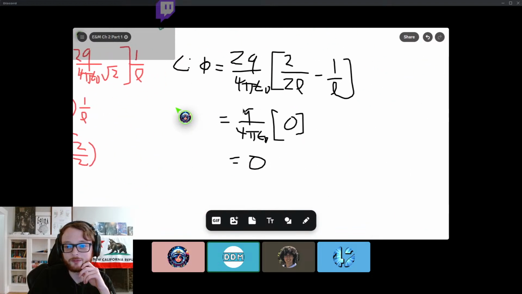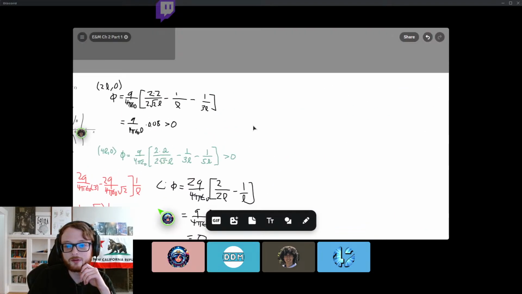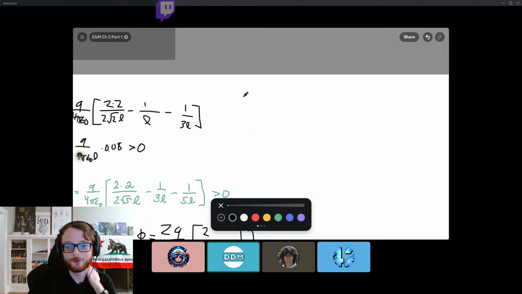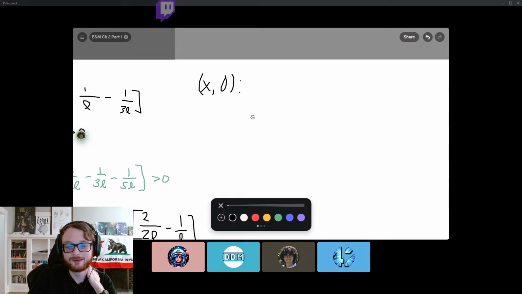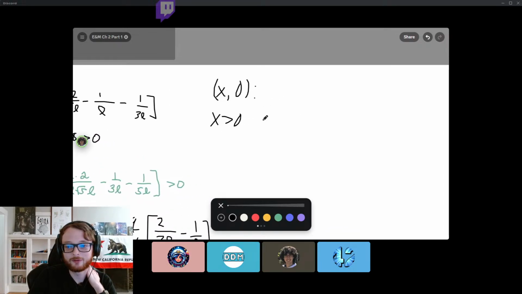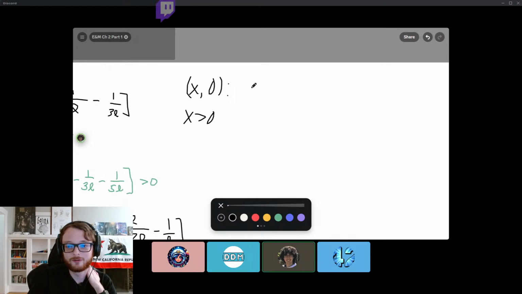Okay, how complicated would this be? Even to the right of our 2L and 4L calculations, we want to calculate a point (x, 0). We can just let x be greater than 0. It's a bit of a mess, but it's calculable. 1 over 4 pi epsilon naught.